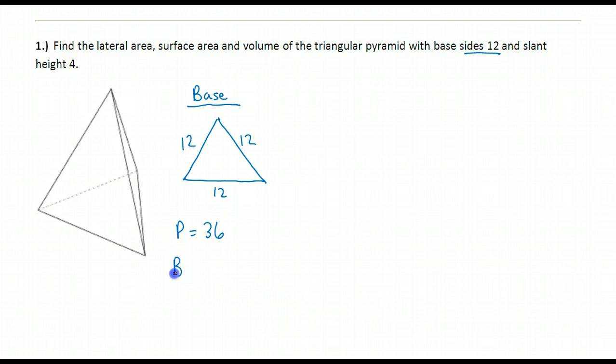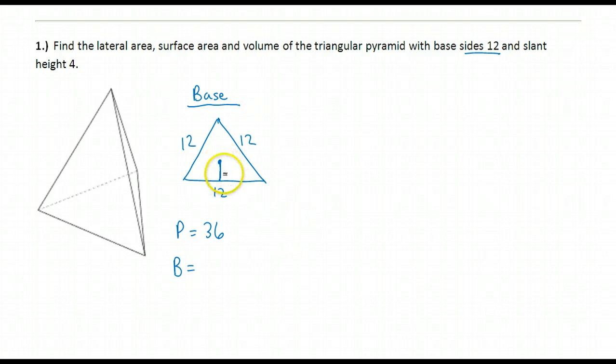To figure out the base area, I could use the formula for a triangle, 1/2 times base times my height. But since I'm working with a pyramid, I'm going to have to figure out the apothem anyways. I might as well use the formula for a regular polygon and figure out this apothem right now.